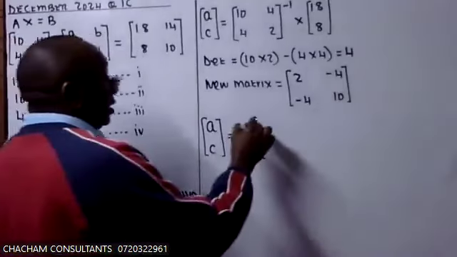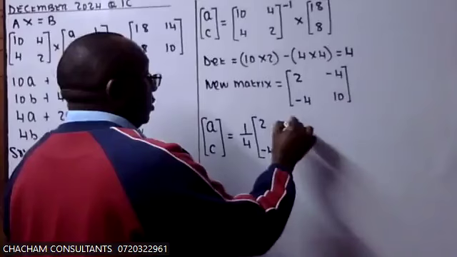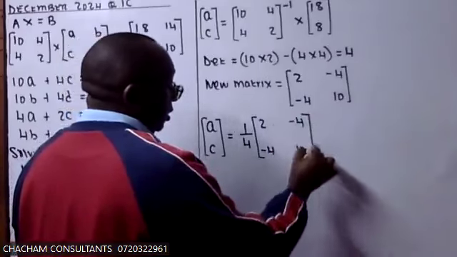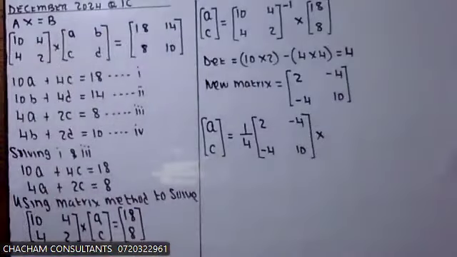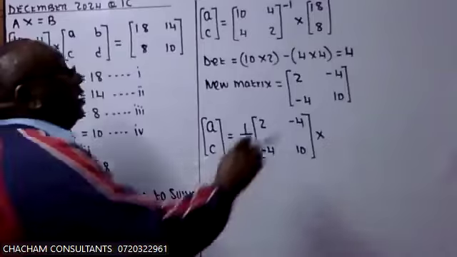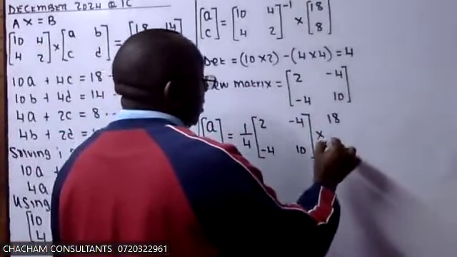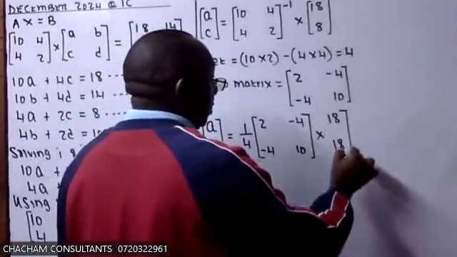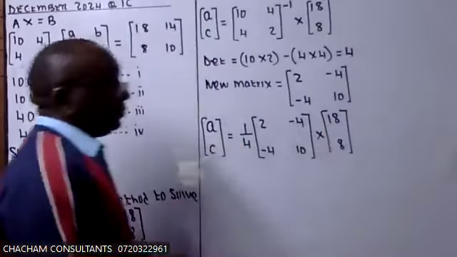The new matrix is 2, -4, then -4, 10. Multiplied now by the result matrix here, 18, 8.